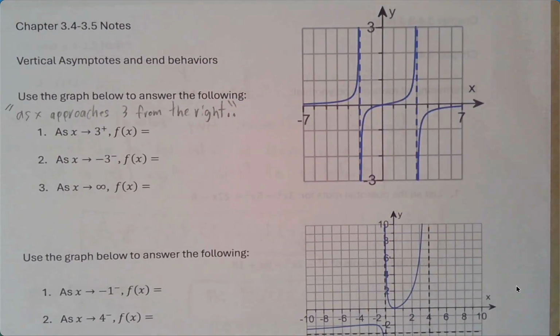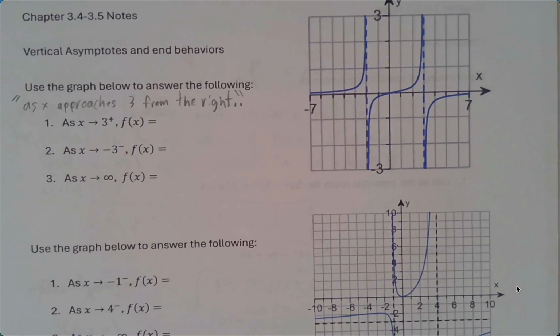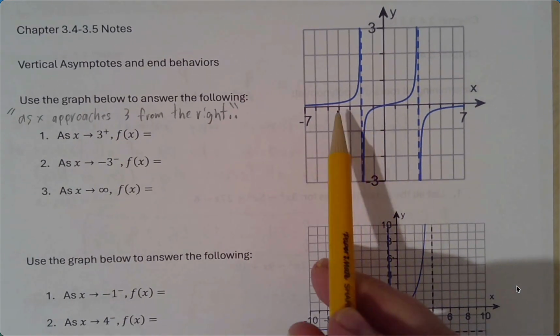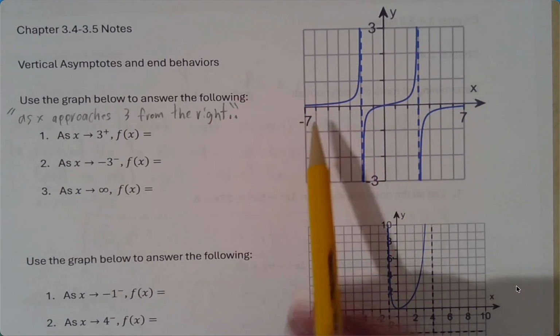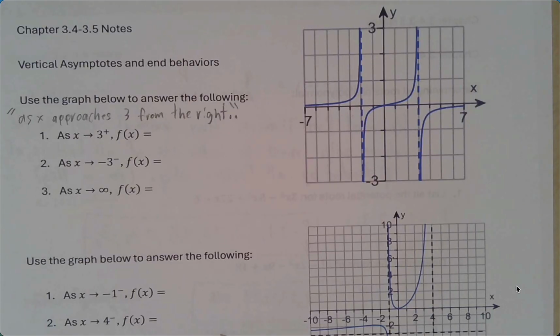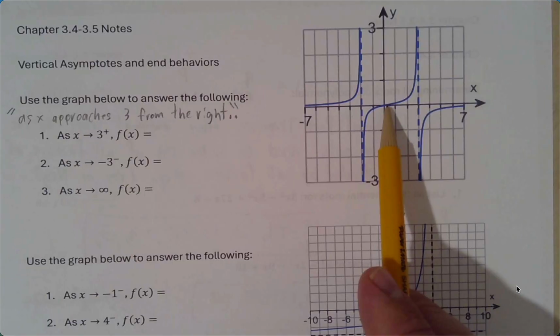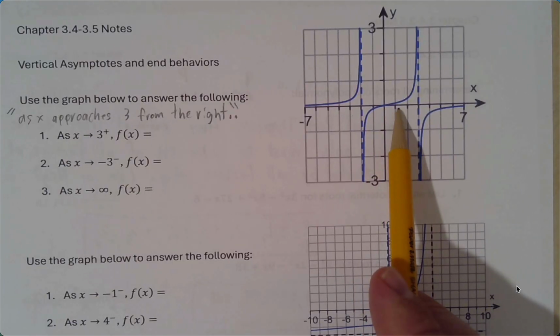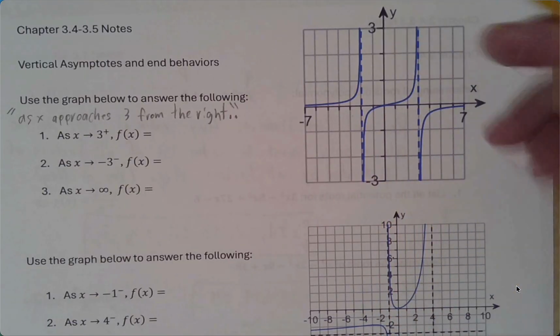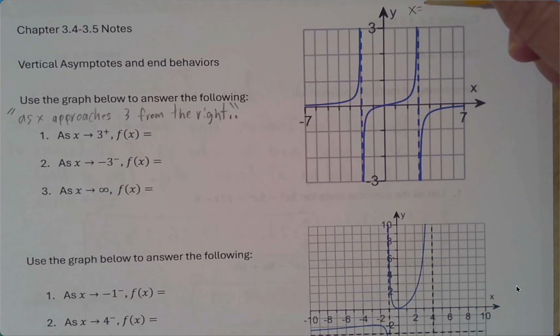So as x approaches 3 from the right, take a look at this crazy wild graph and go ahead and find x equals 3. Hopefully, you started on the origin and you went right 1, 2, 3. Here is my vertical asymptote, x equals 3.